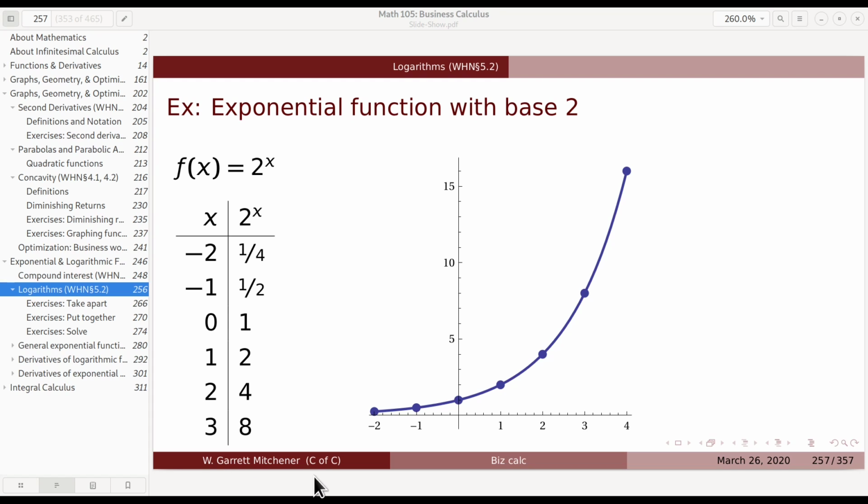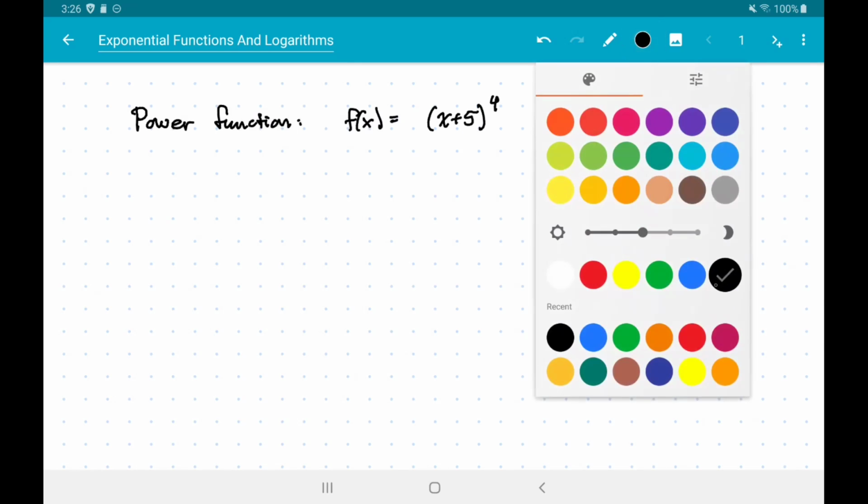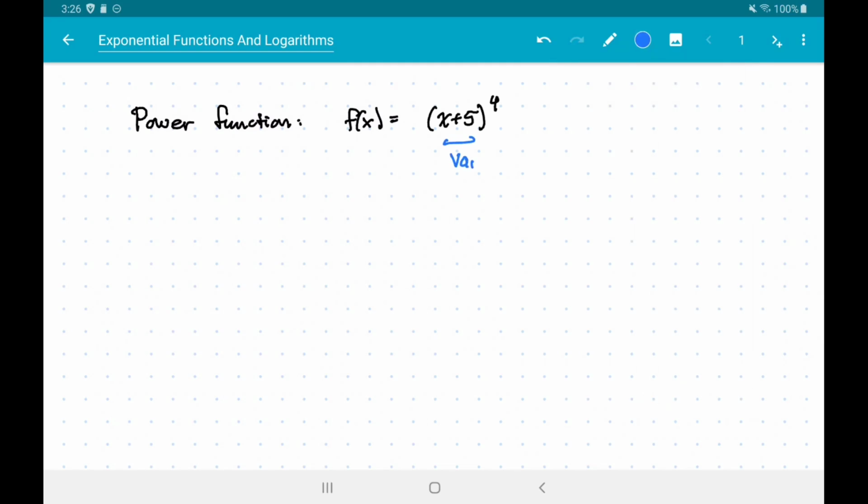To give you a reminder of what's going on, in a power function, such as, say, f of x equals x plus 5 to the fourth, the variable is in the base, and up here there is a constant exponent.